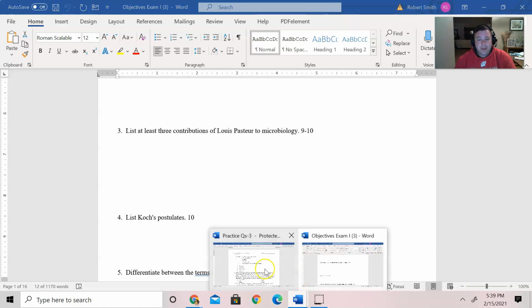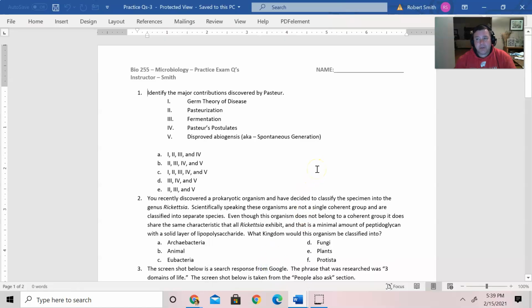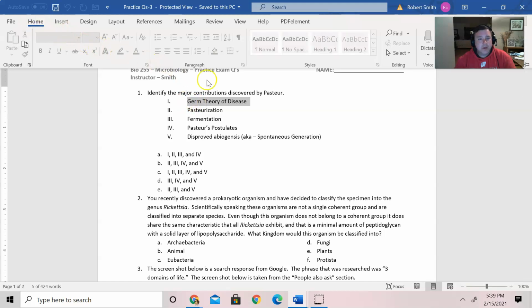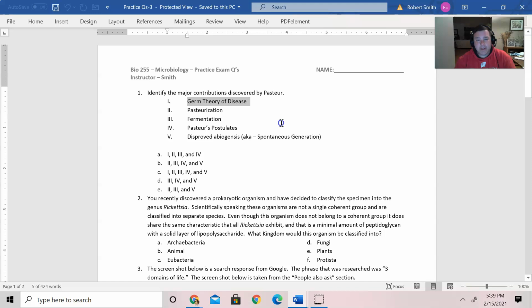I don't know how much highlighting you can do on your end on Canvas, but taking a look here, first off, did Pasteur come up with the germ theory of disease? The answer is no, he did not do that, okay? The other one he did not do is Pasteur's postulates.